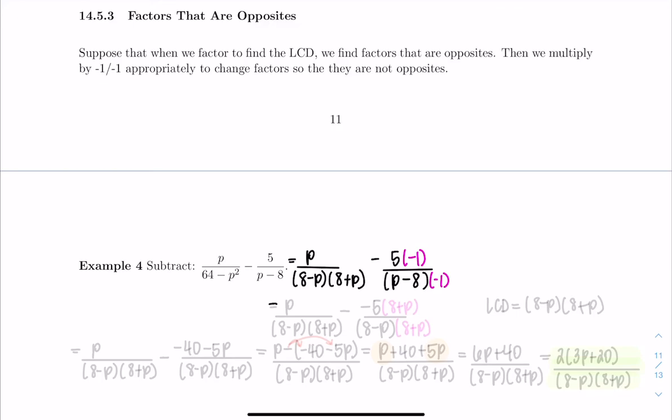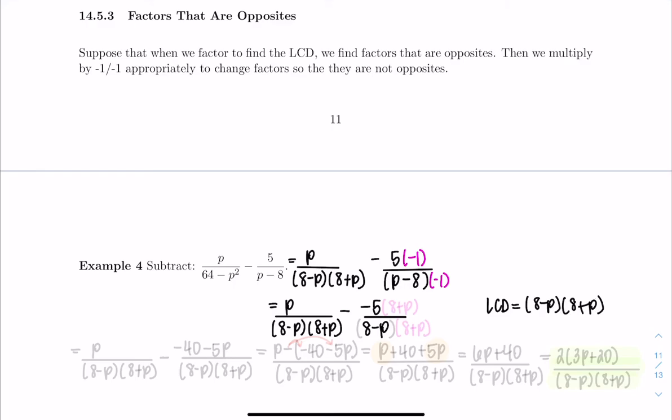And so what we end up getting is p over 8 minus p times 8 plus p minus, we've got a -5 on top, and then that negative is going to turn this into 8 minus p. And so our LCD is going to become 8 minus p and 8 plus p.